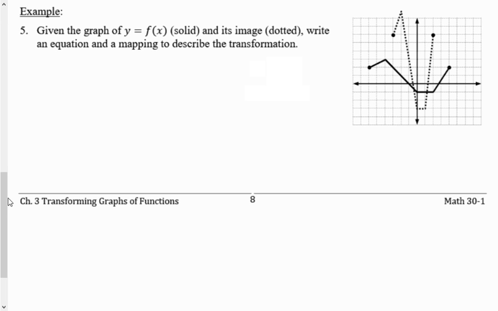When you had a mirror and you were looking at where things were reflected, you had the original object. What you're looking at in the mirror is an image that's the same distance on the opposite side of the mirror. That's kind of how a reflection works. So we want to write an equation and a mapping to describe the transformation.